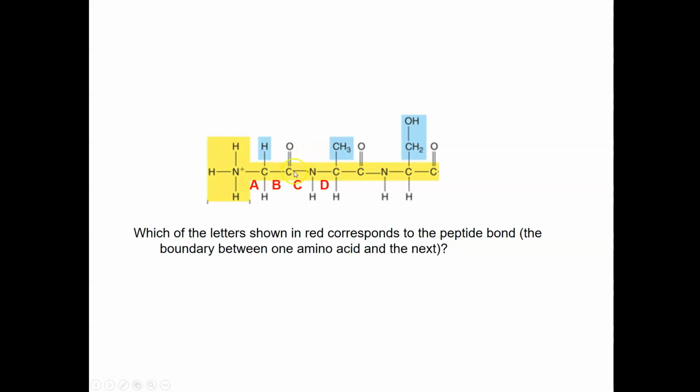So this is technically our first amino acid, and so the peptide bond would be taking place here at C. Here we've got our next central carbon, alpha carbon, the amino group, the carboxyl group, the R group, and so the peptide bond, again, between these two amino acids is occurring at C.